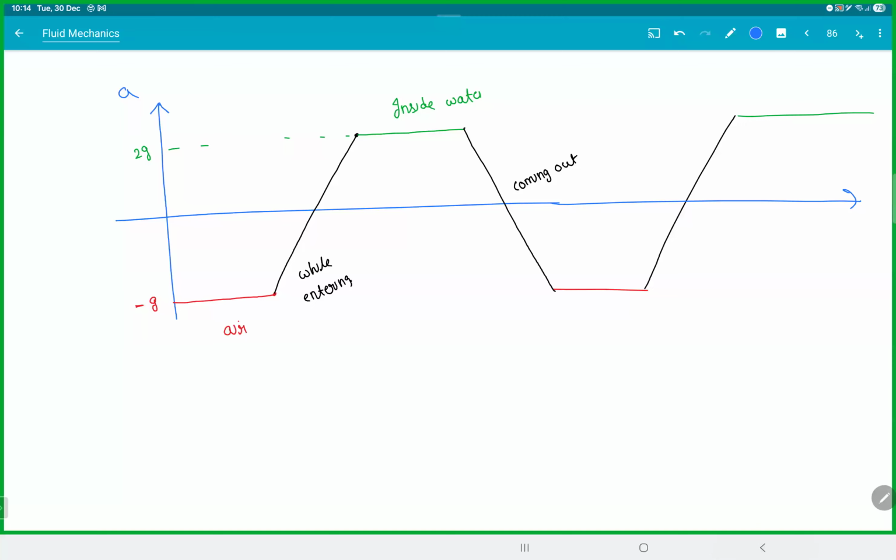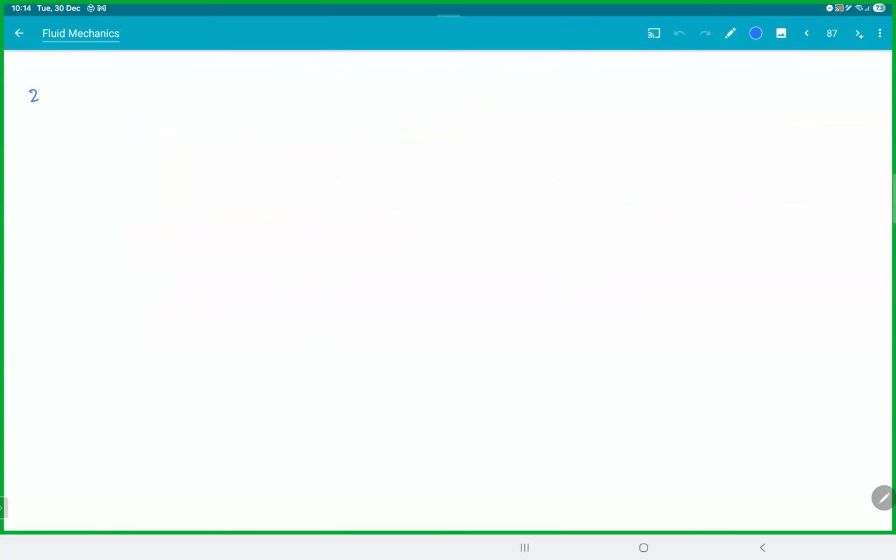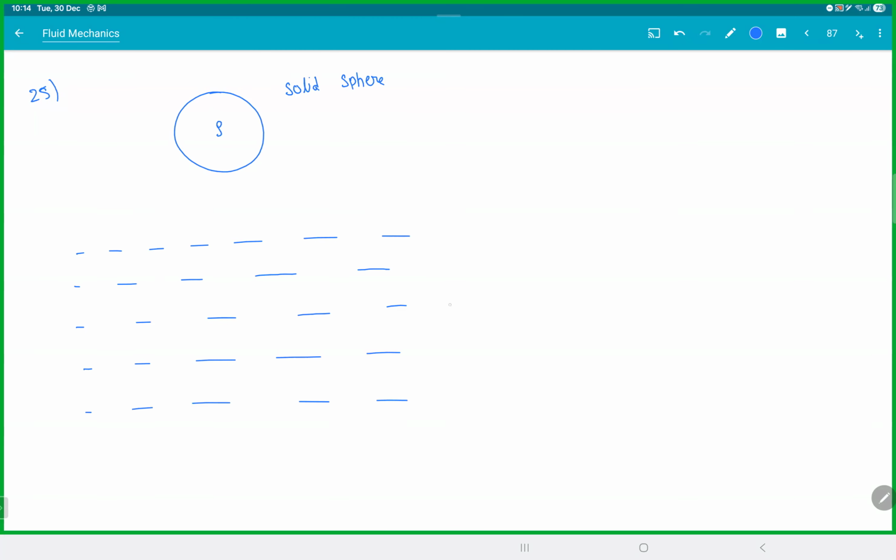Same question. Let's do this with that energy method now. I think this would be the question. You take a solid sphere. Density rho. Three rho.